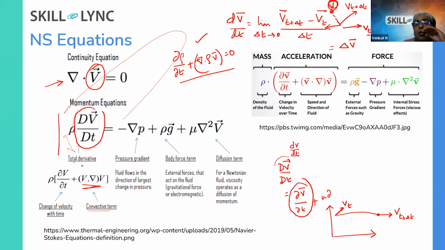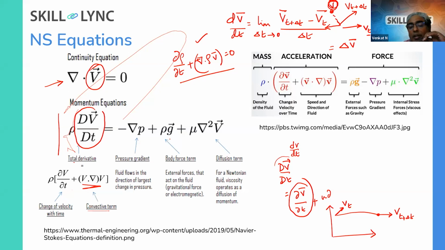So that is your dV by dt. Not only is there a change of velocity in time as the liquid flows through the domain, but there is also this convective term that comes because of the spatial change of velocity, the change of velocity in space.